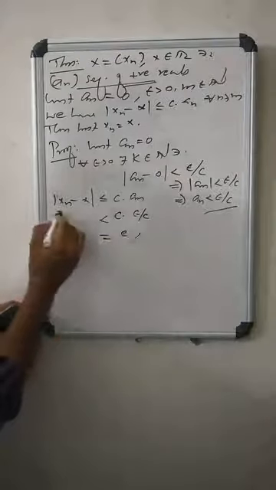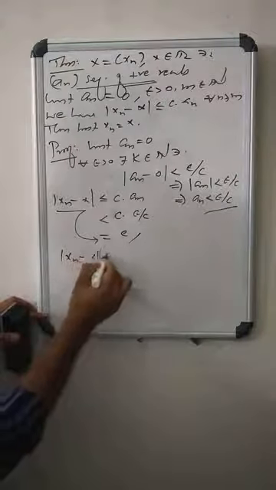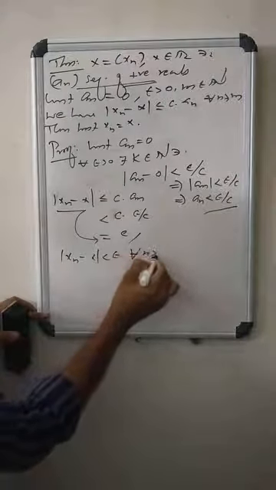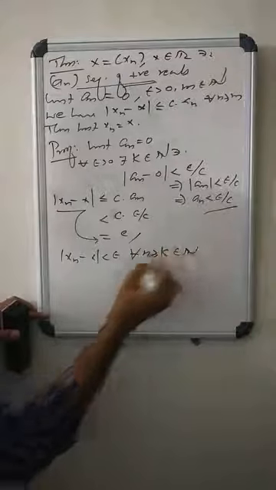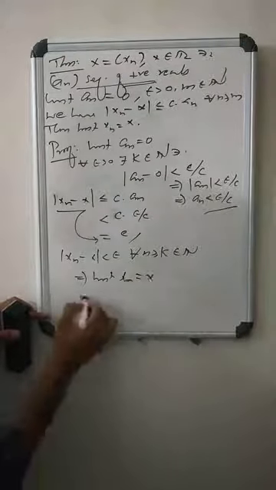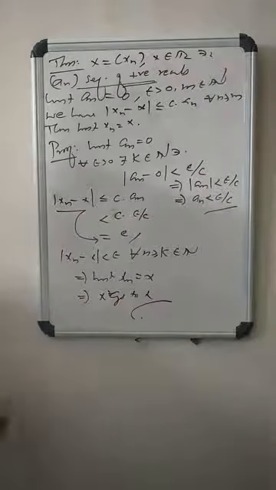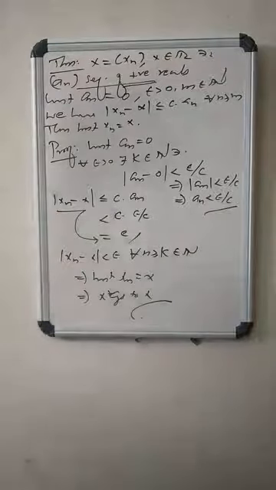That means the modulus of xn minus x is strictly less than epsilon for all n greater than or equal to k. That means the limit of xn equals x, so the sequence xn converges to x. That is what we require here. So this is the theorem.